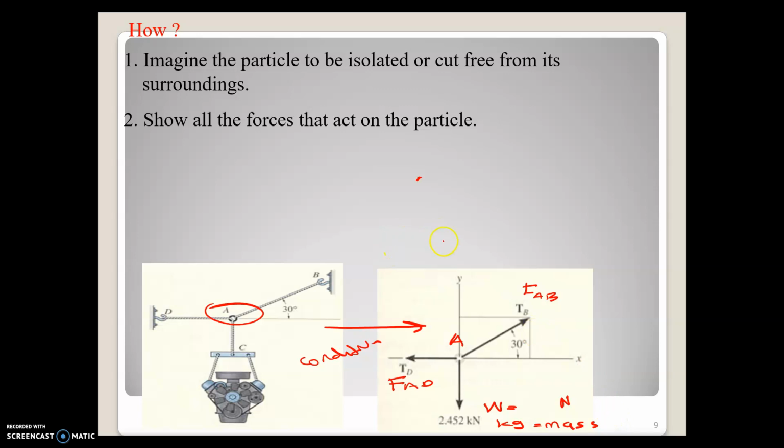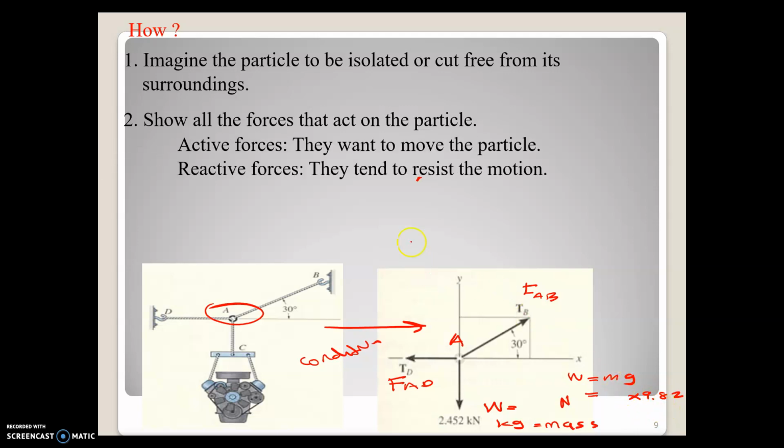How? Weight is equal to mg. So you need to multiply dengan gravity punya value 9.81. So you are given mass in kg, then you must multiply with the 9.81.